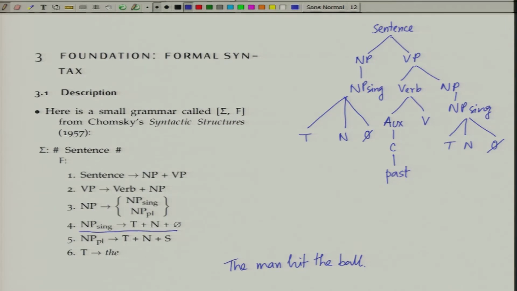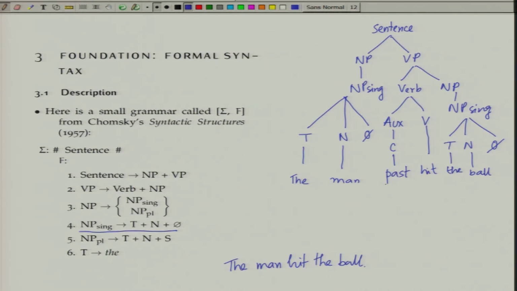So I can rewrite C as past, and there is no option but rewriting T as the, and I want N to be once again man, and nothing is nothing, and V I choose hit. T goes to the, N goes to ball, nothing is nothing.